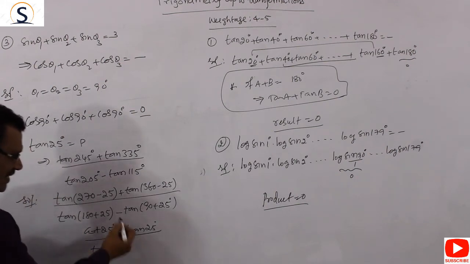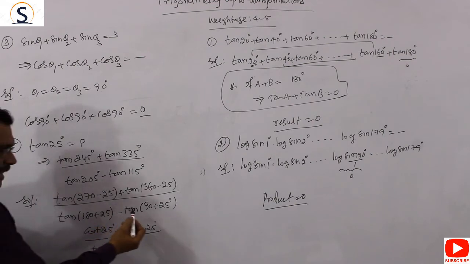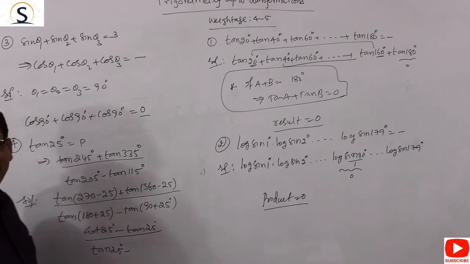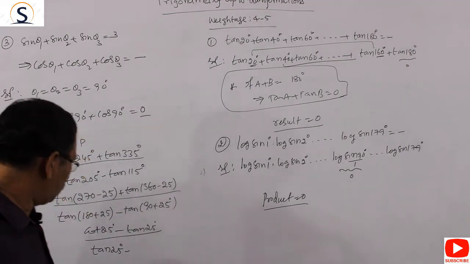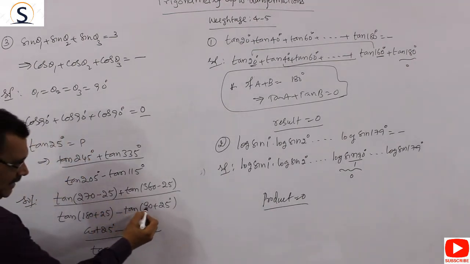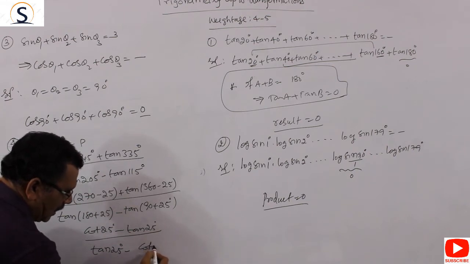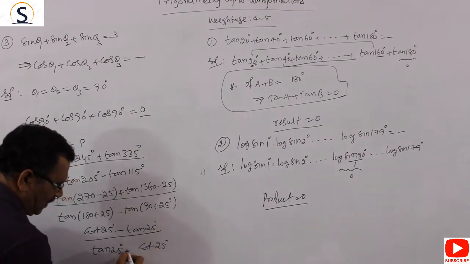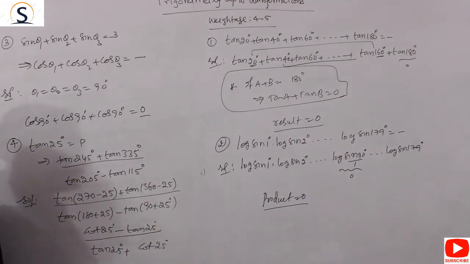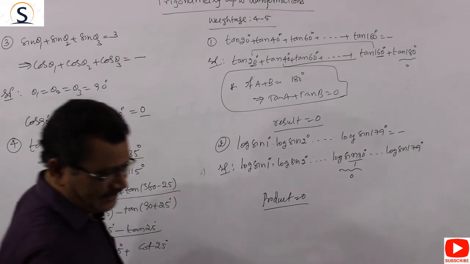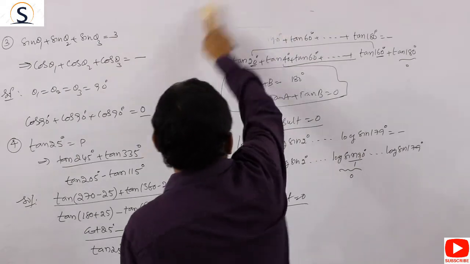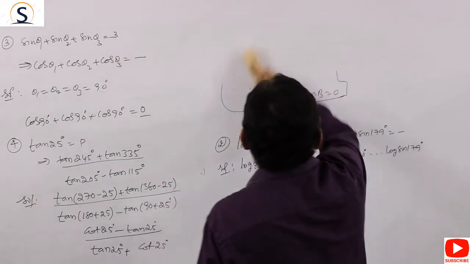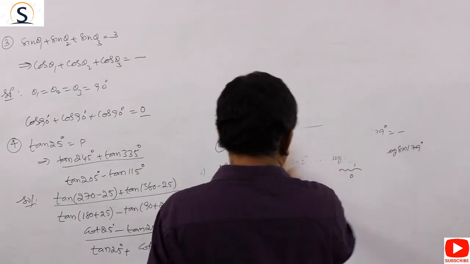Next, minus tan of 90 plus theta. 90 plus theta is the second quadrant. Okay, so in the second quadrant, since 90 is there, you get cot 25 with minus. Therefore, I can write tan and cot in terms of p, then you get the expression value in terms of p, right?